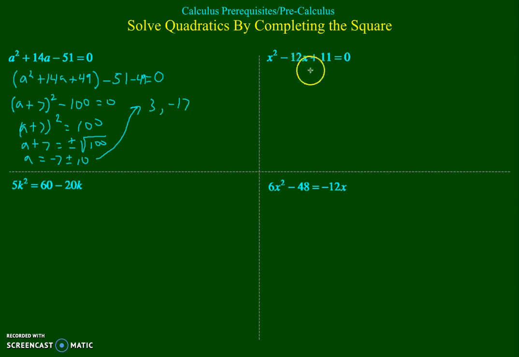All right, let's move on to the next problem here. So following the same process, I'm going to take x squared minus 12x, give myself some room, take out the 11, give myself some space, equals 0. Now take this value, divide it by 2, so that's 6 squared is 36.